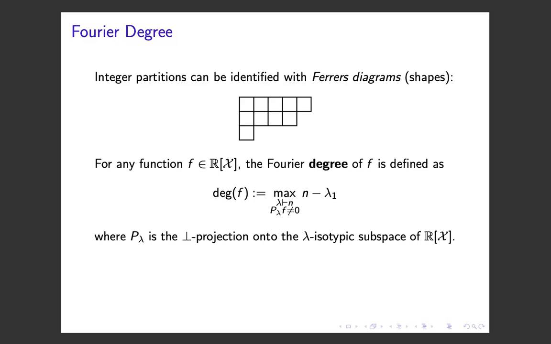Don't let that scare you if you haven't seen representation theory. This just means that we're rounding up all the vector spaces that are isomorphic to the irreducible representation of S_n that corresponds to lambda. So we're projecting f onto these isotypic subspaces, and if it's non-zero, we're counting the number of cells below its first row, and we're just taking the max of that.